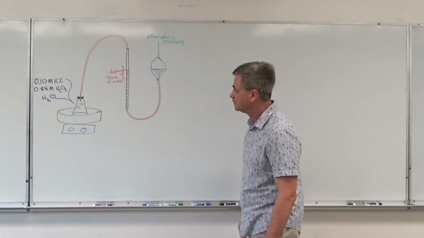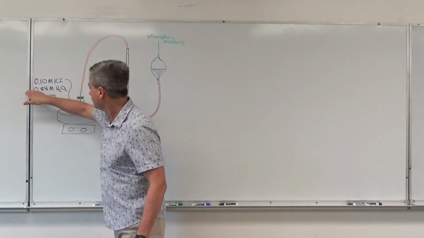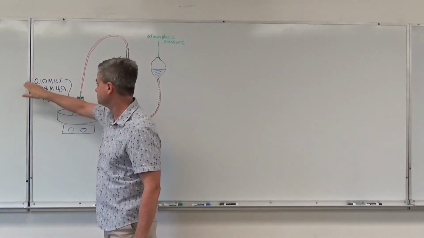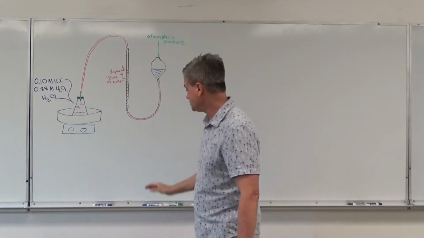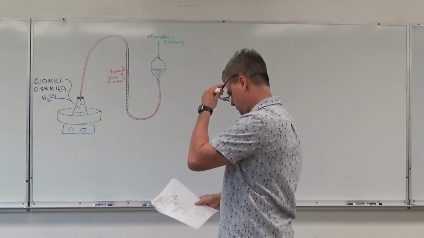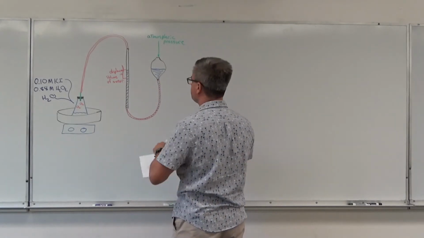And so we'll do 3 trials that way, changing the starting concentration, just like we did in our example, changing the concentration of these guys, and we'll see what the change is in our reaction rate. Let me put some more details on the board.